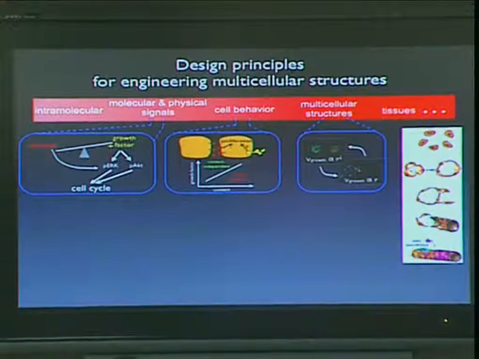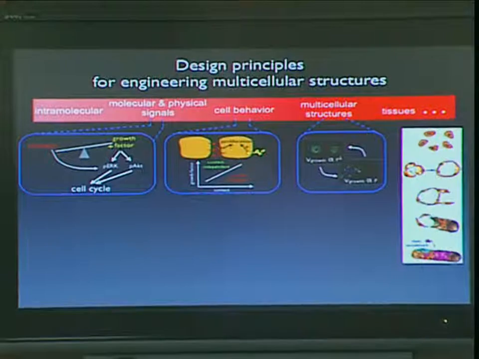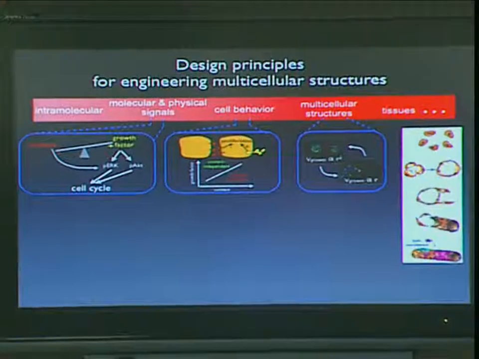And our most recent results suggest that even mechanical compliance of the substratum can affect this mode, this switching. Okay? So we think this could be a useful way to regulate colonization of a material, for example, if you're interested in growing clusters on synthetic surfaces, and also to localize who divides and who doesn't.